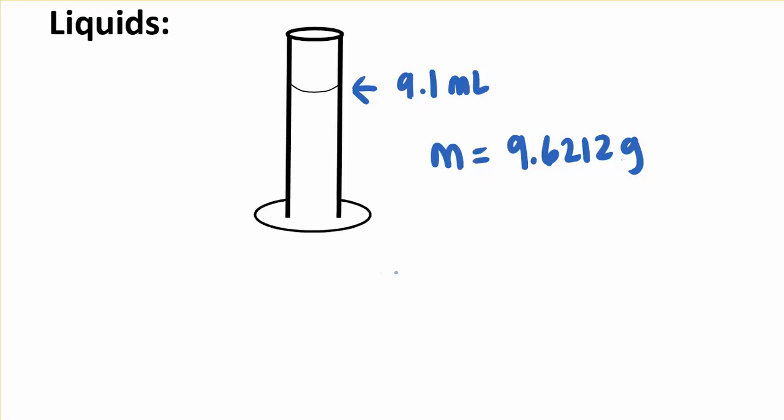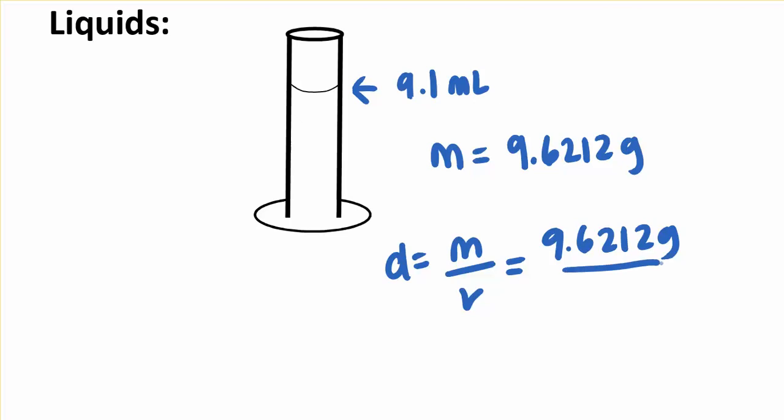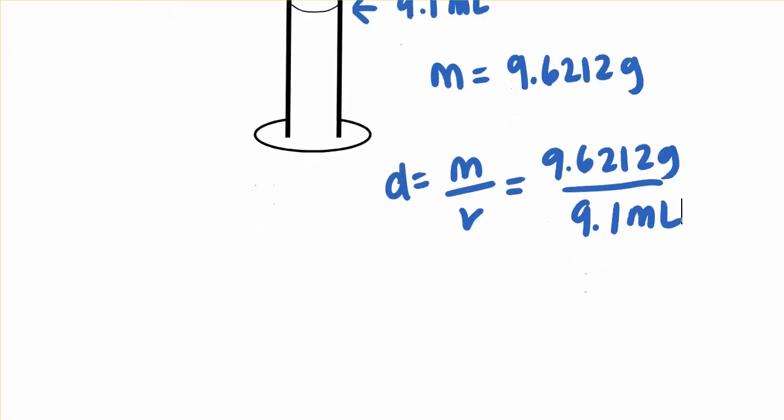To get the density, you know that it's mass over volume, and grams is mass, and 9.1 milliliters here. Let's watch what we did with the sig figs and the units though.